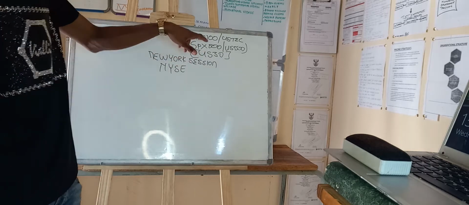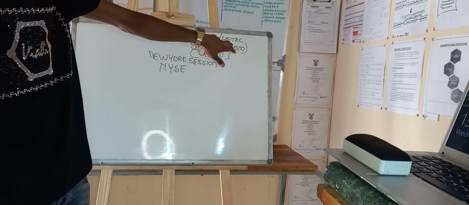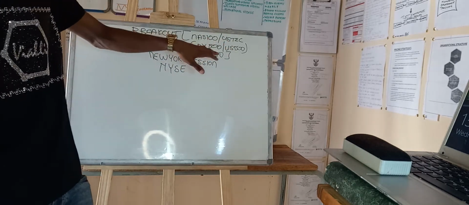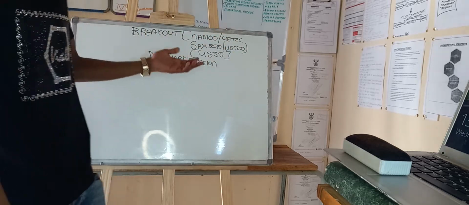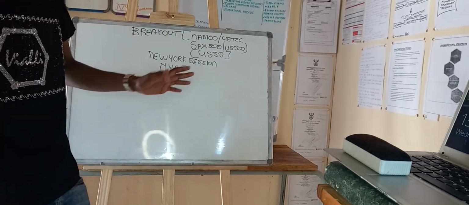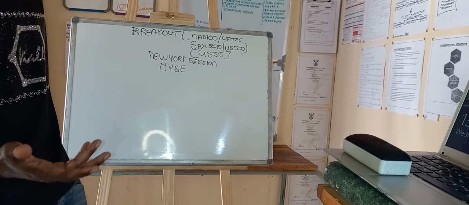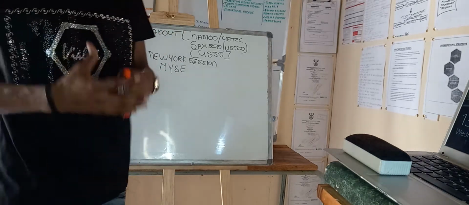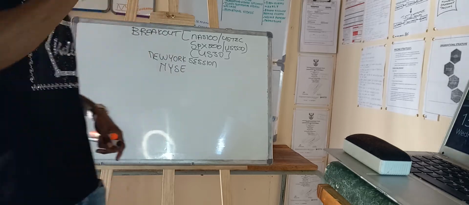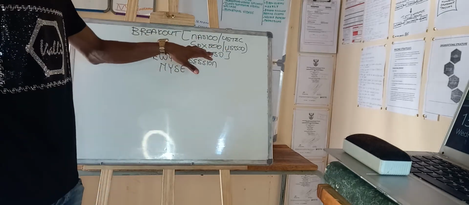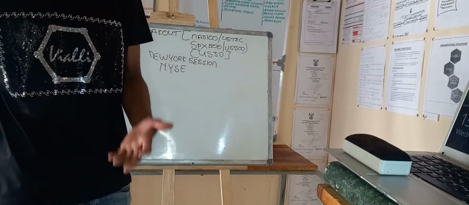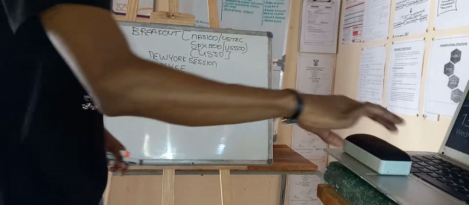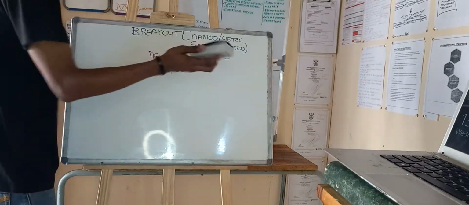We only trade NASDAQ or US Tech, SPX 500 or US 500, and US 30, which is very familiar. All of us know about US 30. But yes, you can also trade this strategy on currency pairs. Just look for a breakout there and everything will be simple for you.